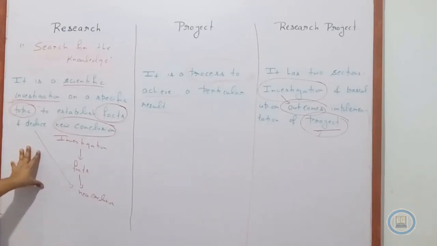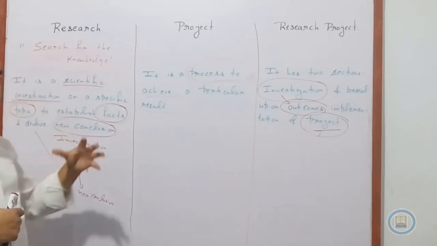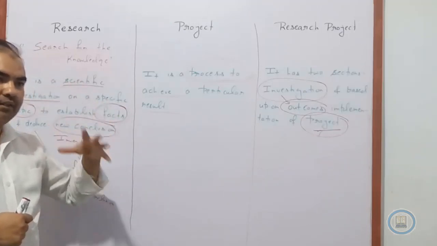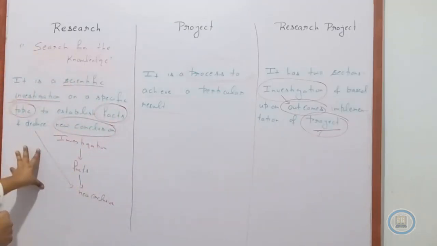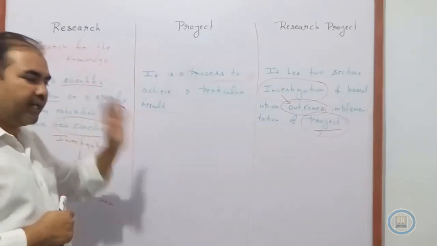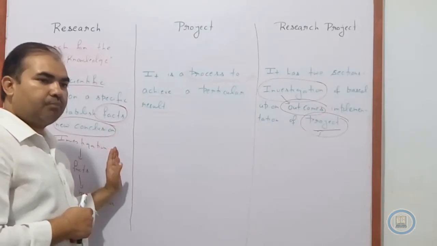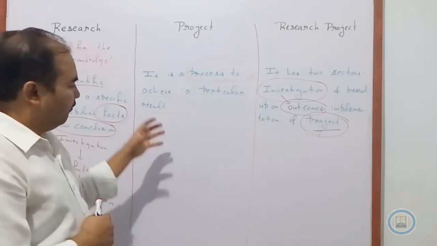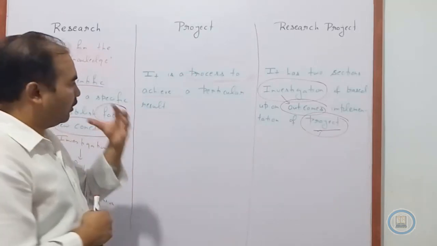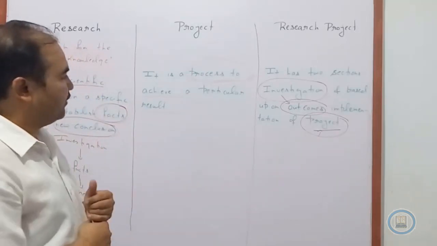We conduct our study and implement it on a specific community or a specific area. But when we are talking about the project, it has a narrower sense in comparison to the research. In this one, we are going to implement the project for a specific group of users, or for a specific user also.